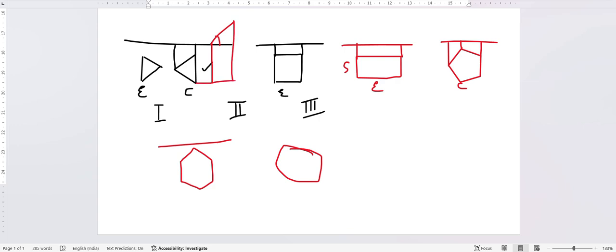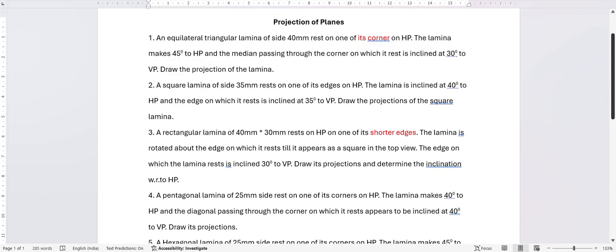Okay, and then you make it incline, and this one will be the second position. Okay, so quite simple. Similarly, for the square lamina also you need to incline 45 degrees with respect to HP. Okay, similarly the rectangular lamina.